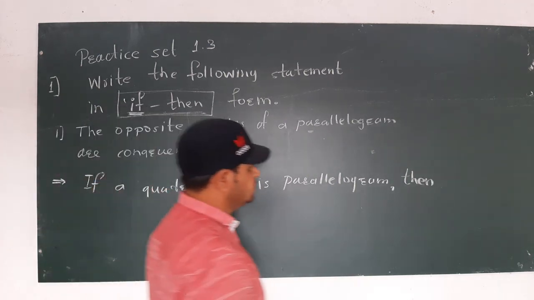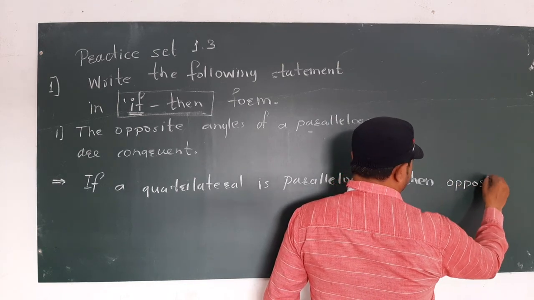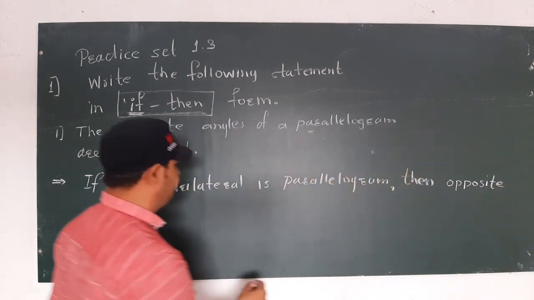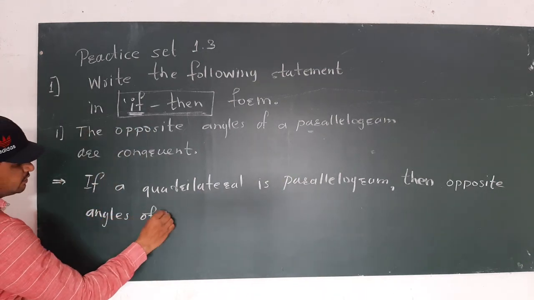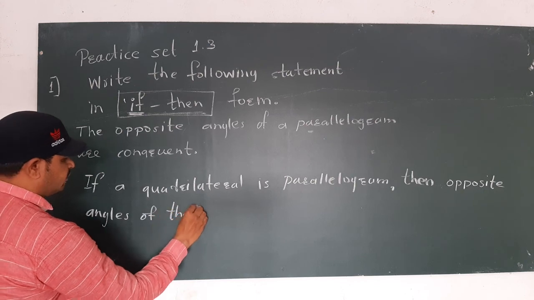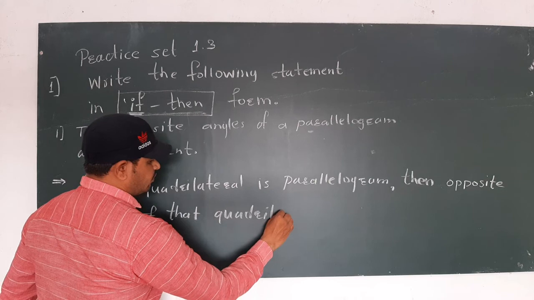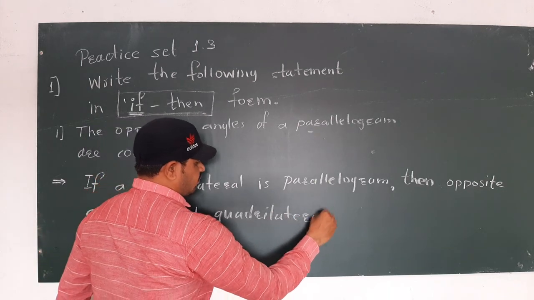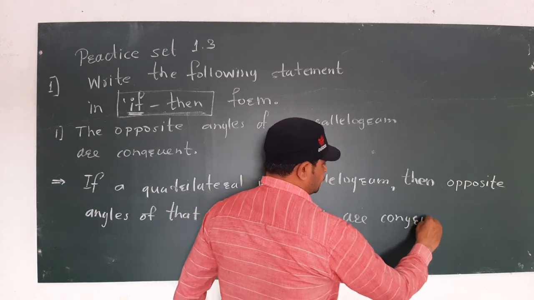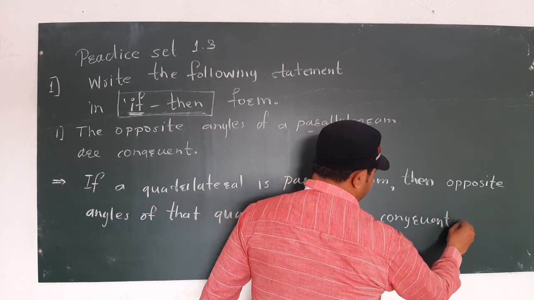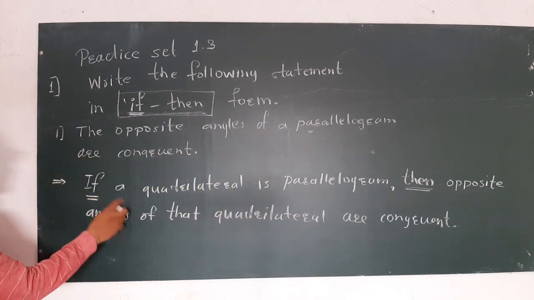Then we can write that then the opposite angles of that quadrilateral are congruent. So students, in this statement we have used both if and then.